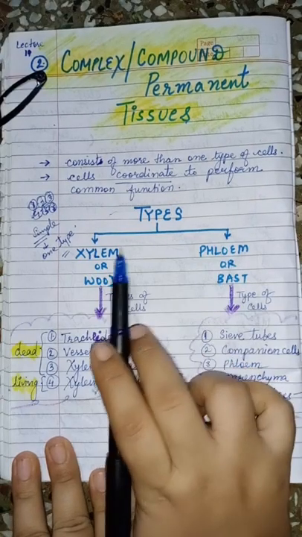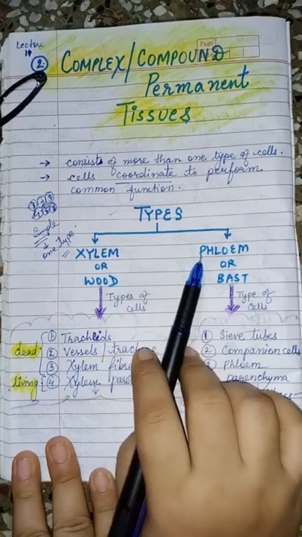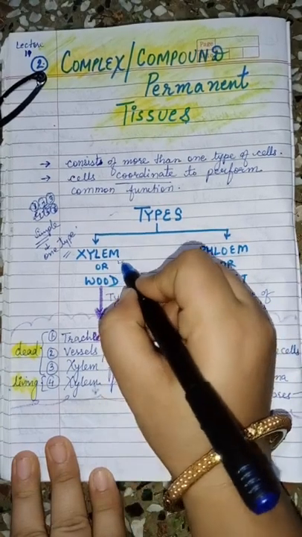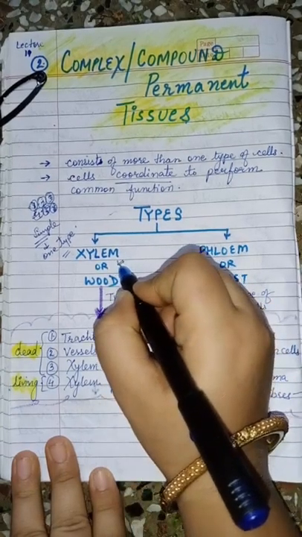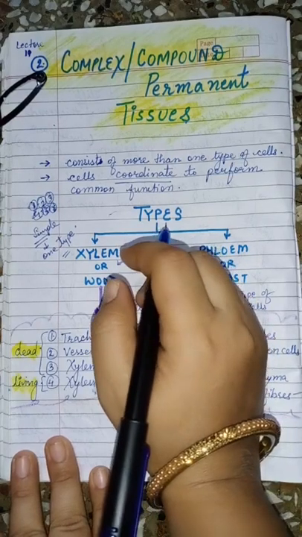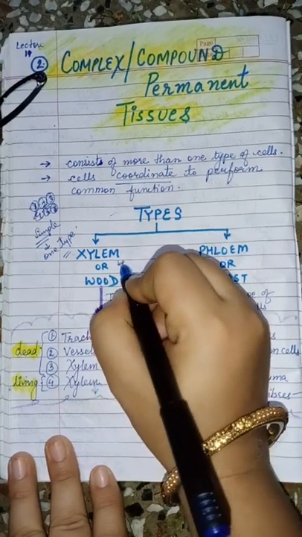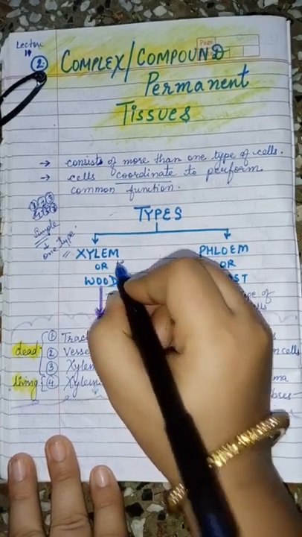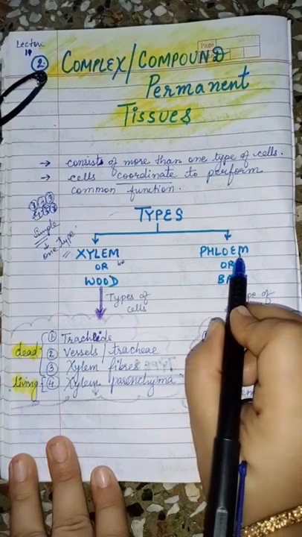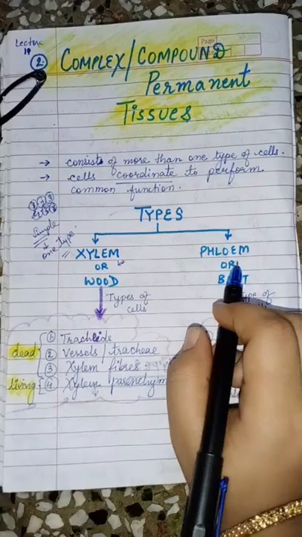Xylem we have already discussed in the previous lecture. We have discussed about the classification of plant tissues. Xylem helps in the transport of water and minerals, and phloem for the transport of food, okay, across the plant.